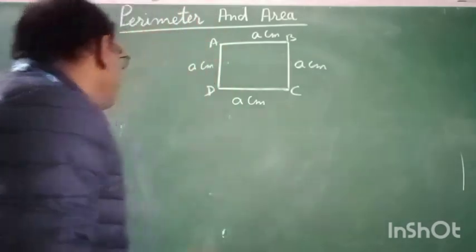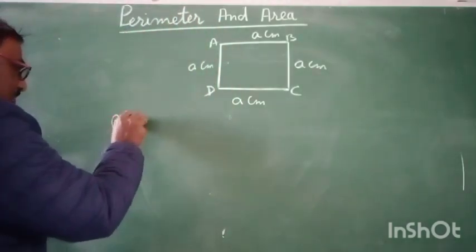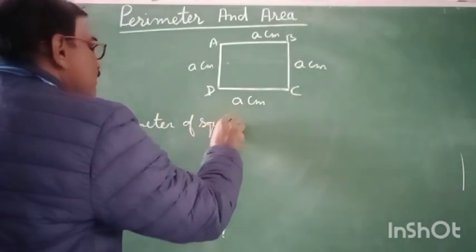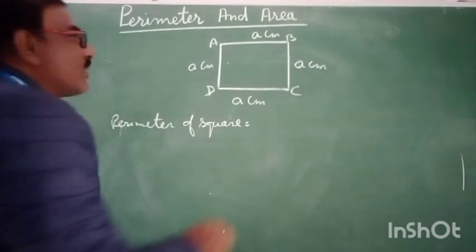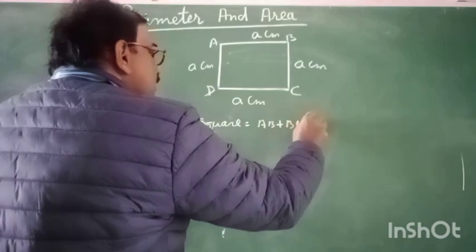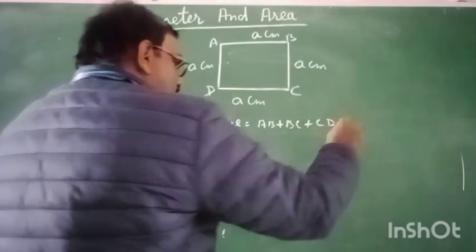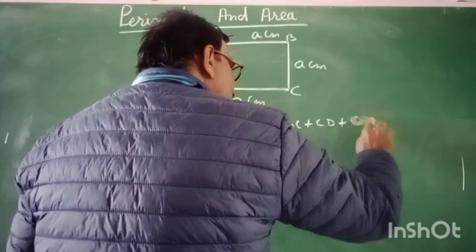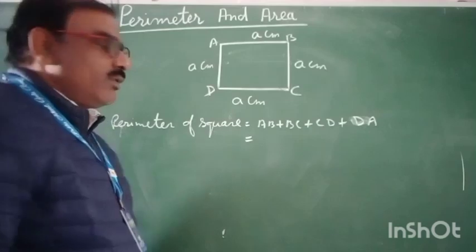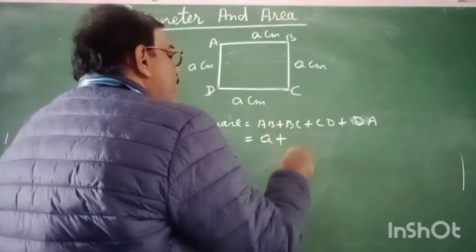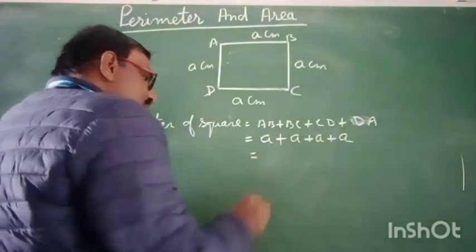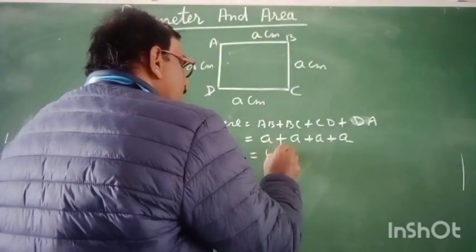So the perimeter of a square is equal to the length of AB plus BC plus CD plus DA. Here the length of AB is A, so A plus A plus A plus A equals 4A.